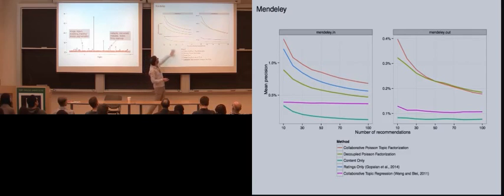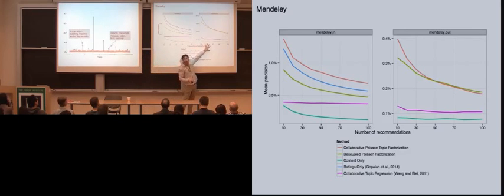So this is the classical recommendation held out likelihood or mean precision and average precision type of evaluation. And we compared a bunch of different stuff. We compared independently fitting content and collaborative, just doing collaborative, just doing content, and then our method. And our method is the line on top, as it is in every talk.